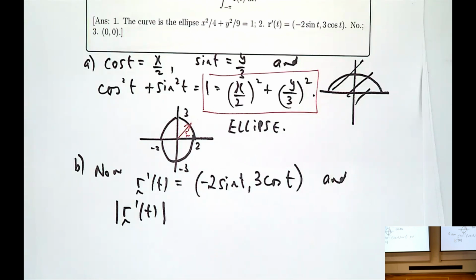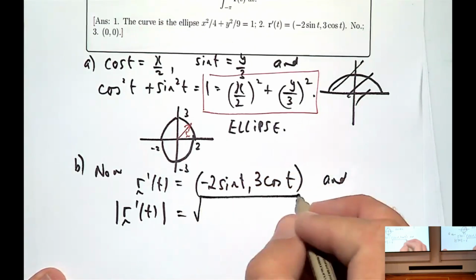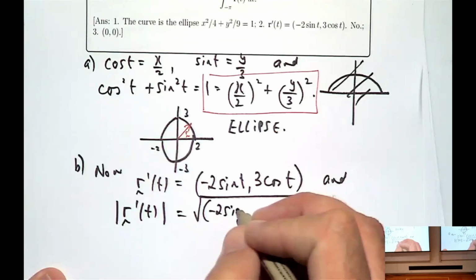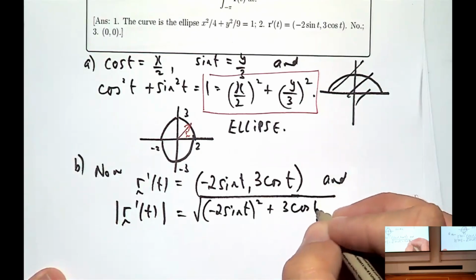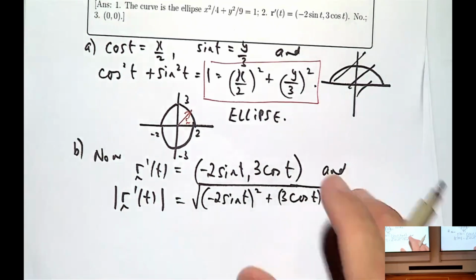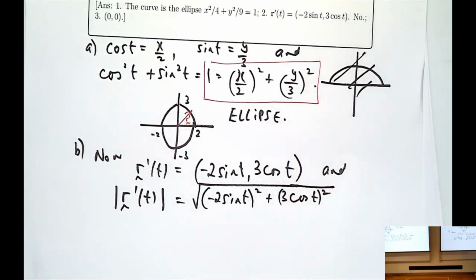Mm-hmm. Yeah. Yep, exactly. Thank you. So square the components, add them together, take the square root. It's Pythagoras, right? So let's have a look. Okay, so looks like we might have a cos squared and sine squared here.